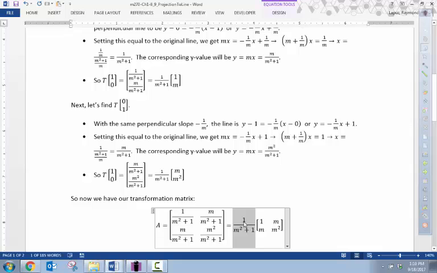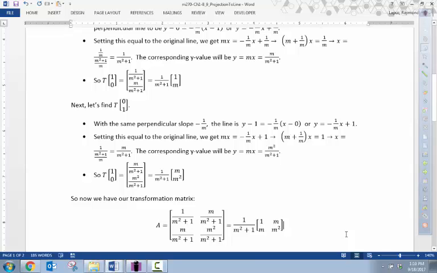You can just trust me, or you can test for yourselves that if you have the line y equals 1/2 x, which is what we had last time, and put the information there, you're going to get that 4/5 business that we got from the previous example.